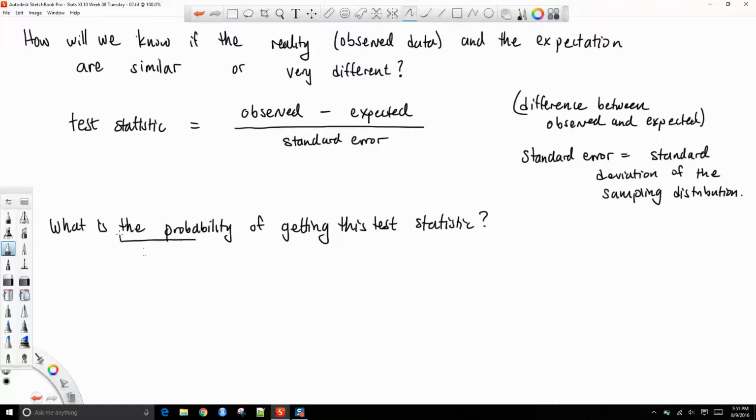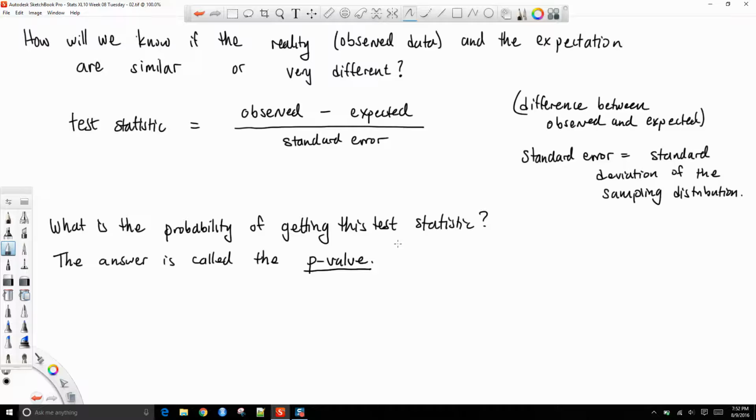What is the probability of getting this test statistic? The answer to this question is the p-value. All right, so I'm just kind of throwing all these definitions and terms out here, all right? And it's going to feel a little bit wonky in the beginning, but we'll do some practice, and I hope it will start to make sense once we see it in a practical context, okay?